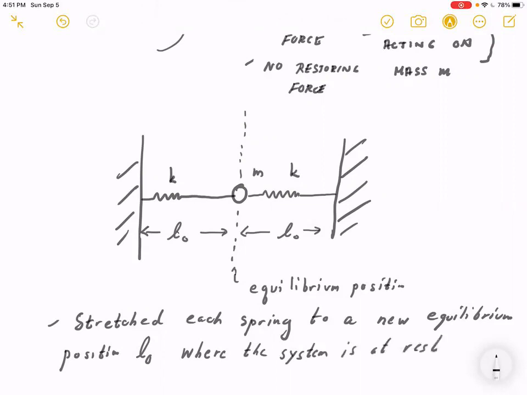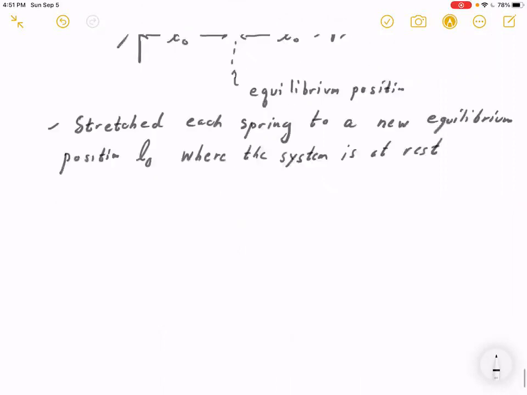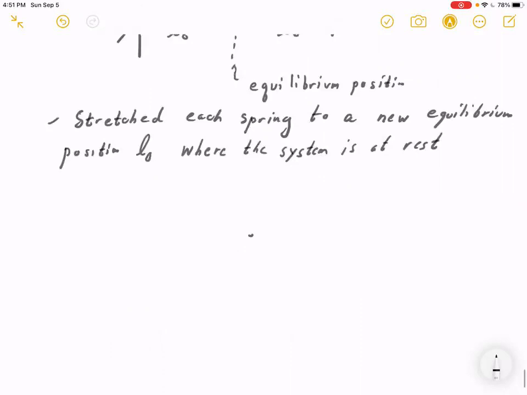So let's analyze this. Again, I'll use my convention of the system, or the mass, as a dot. What forces act on the mass? Well, I could write down Newton's second equation of motion.